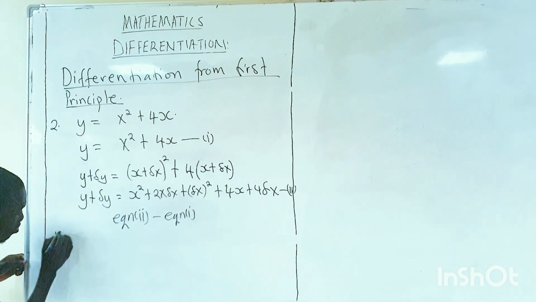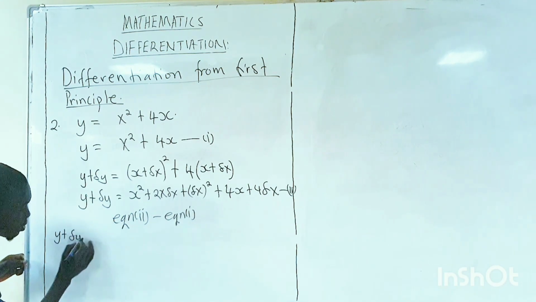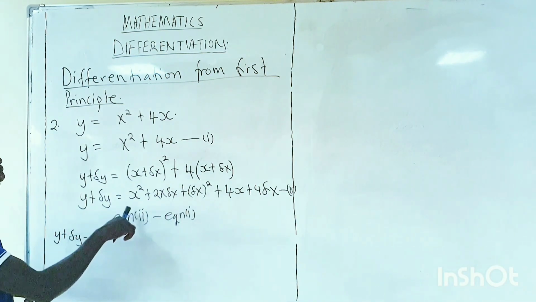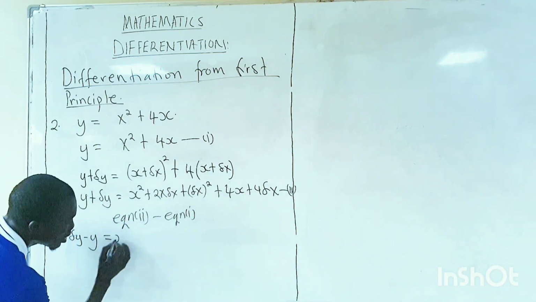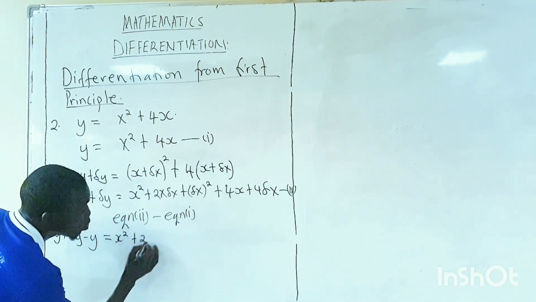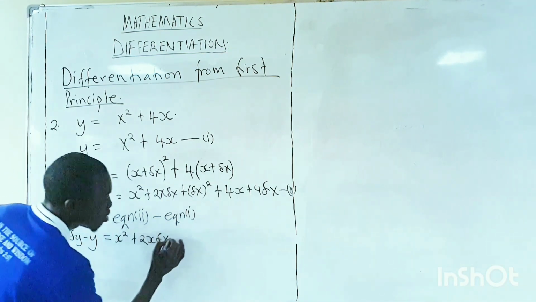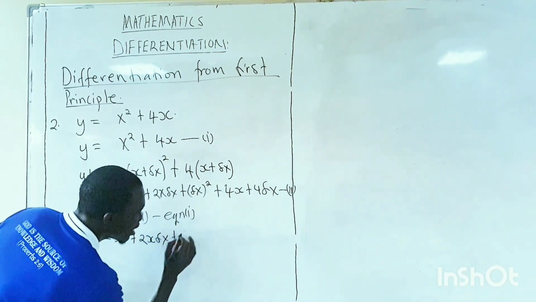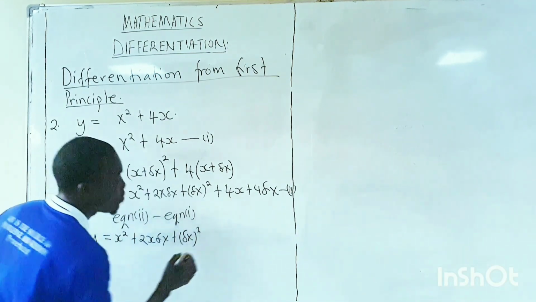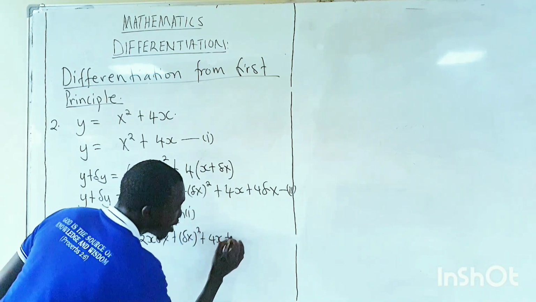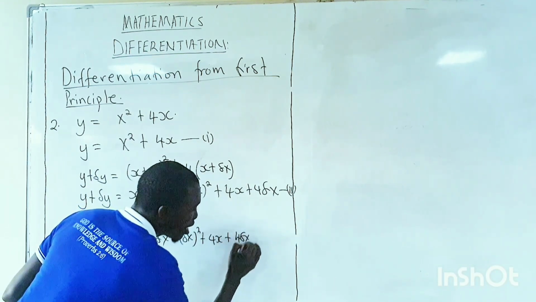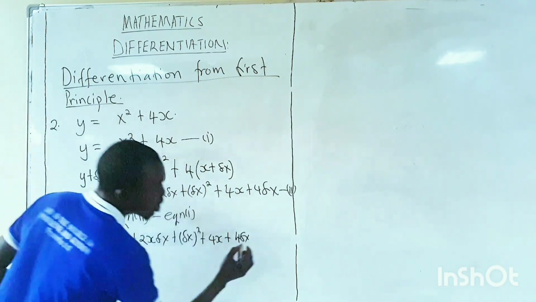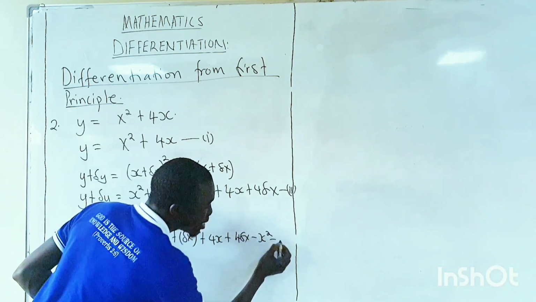So we shall have y plus delta y minus y of equation 1, giving us what is on the right hand side of equation 2, which is x squared plus 2x delta x plus delta x, everything squared, plus 4x plus 4 delta x. Then we subtract what is here.